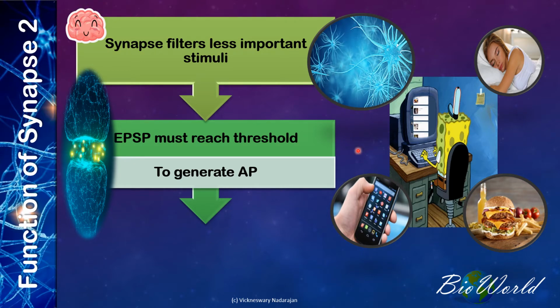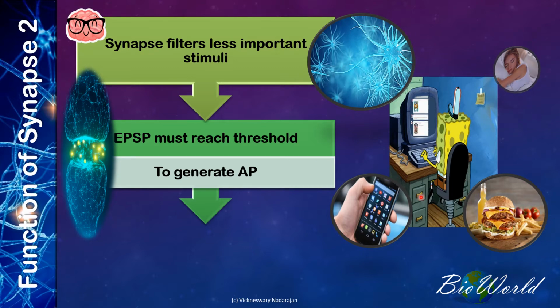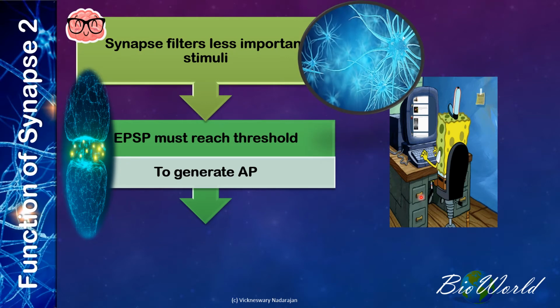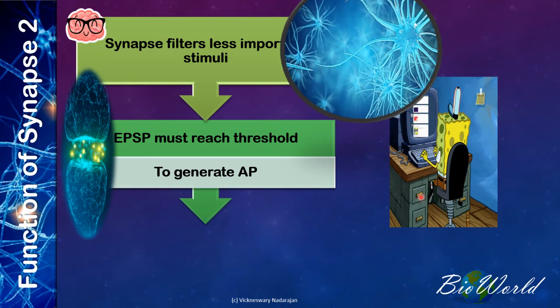So that is why, depending on how much EPSP is present in each of the nerves, we end up focusing on only one stimulus at a time. In this example, let's say your tiredness, your hunger, as well as your urge to look at the handphone are unable to make EPSP reach threshold.